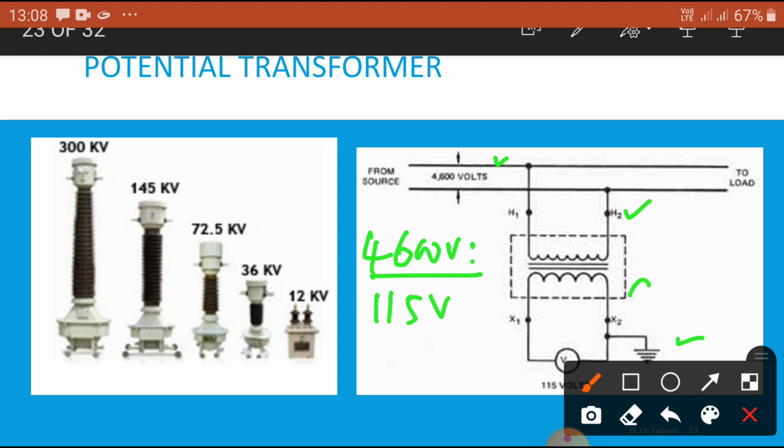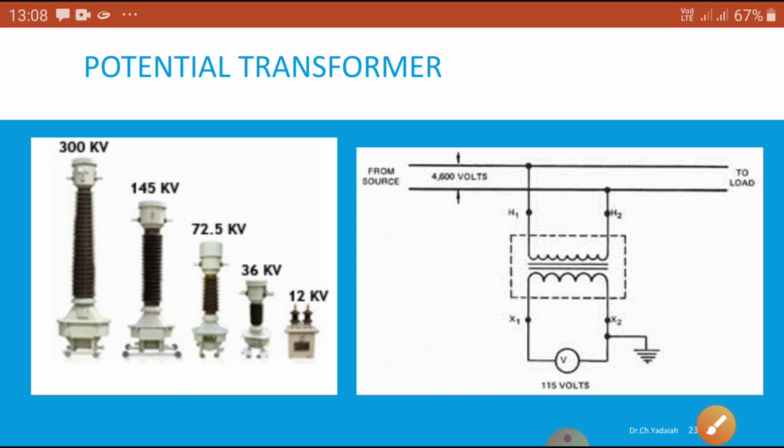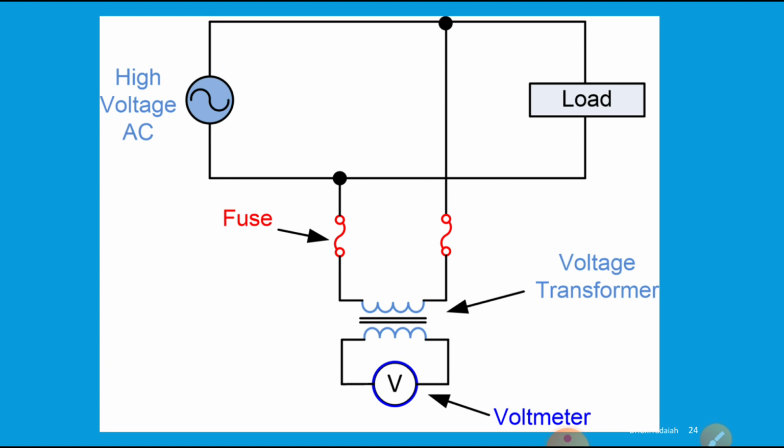So based on this one, I calibrated my small voltmeter. It indicates this one. Here is a precaution, because whatever the voltage induces, that is given to the ground. Okay, similar to that one. Now you can see another diagram also. What is this one?